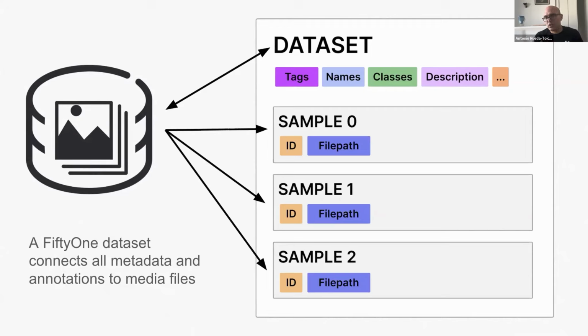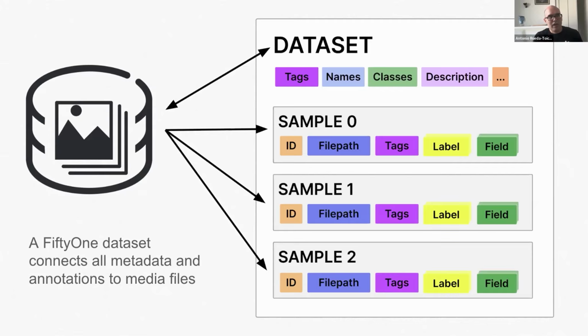We only need to specify in an obligatory manner the file path to the media file that we're giving to the dataset, and all the other fields are optional. The IDs get automatically generated using a cryptographic hash so that they are unique. And then we have this flexibility that we can use to extend the analysis of our data any way that we want.